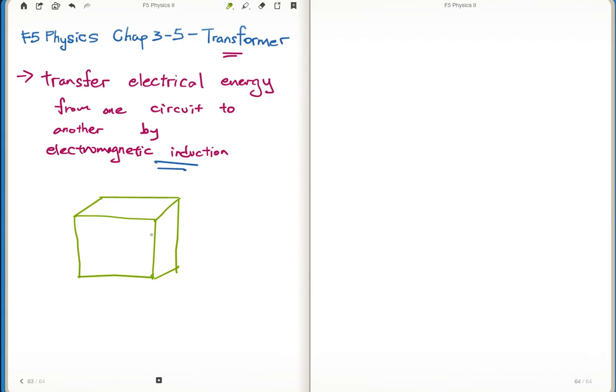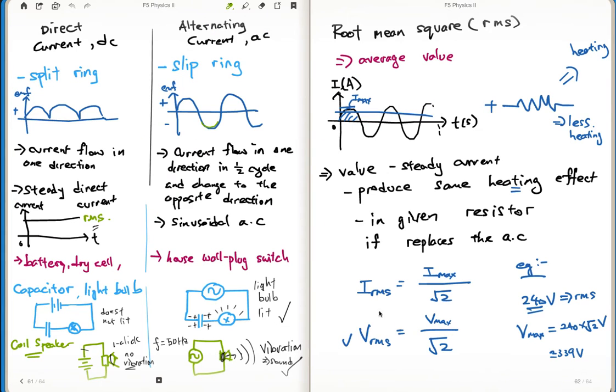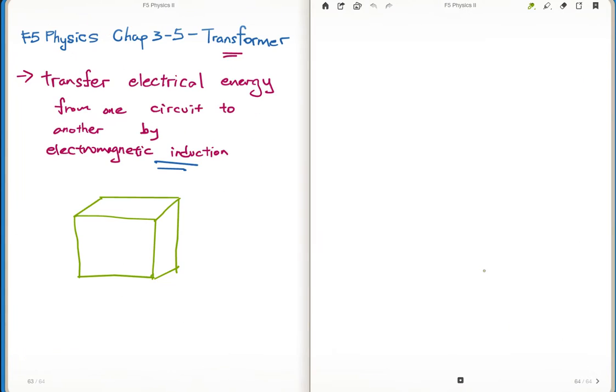All electronic gadgets like your handphone, laptop and printer use direct current. In my previous video, we talked about direct current and alternating current already. This video shows how you get direct current and step it down to get a stable current. We will talk a bit more about this in a future chapter.